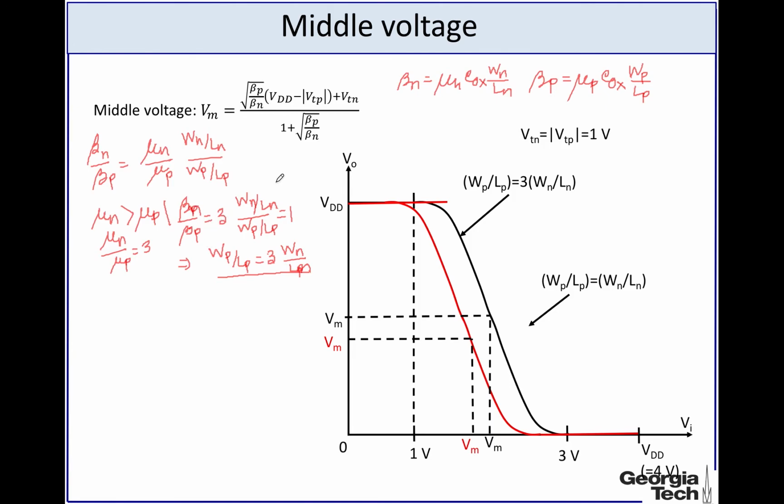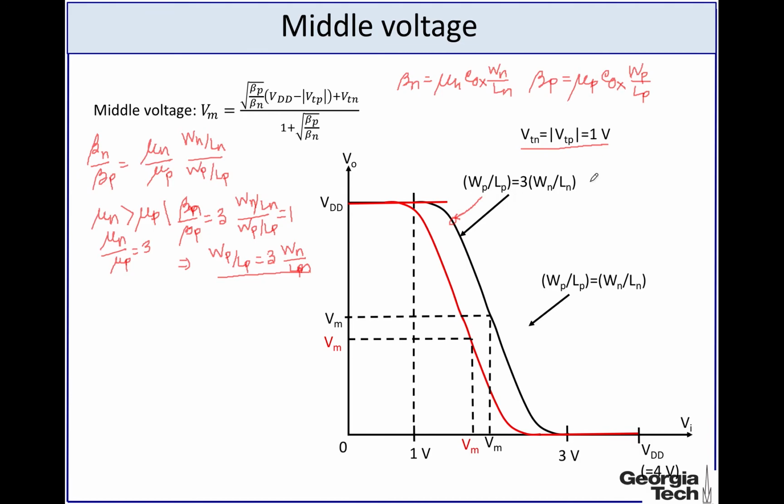And in the previous case, when we drew this black curve, we assumed that Vtn equals Vtp equals 1 volt, and we also assumed that beta n equals beta p, and that essentially means that for this black curve, the W over L for the p-type MOSFET is 3 times larger than that of Wn over Ln.